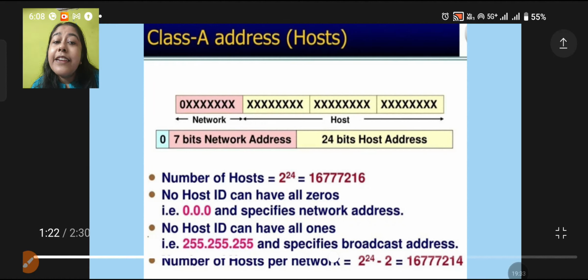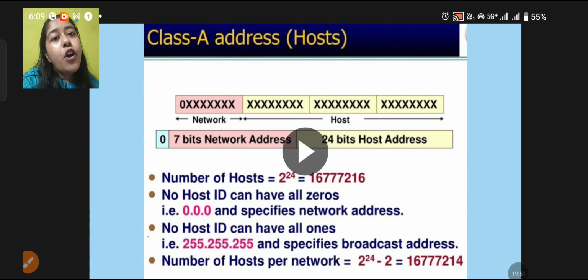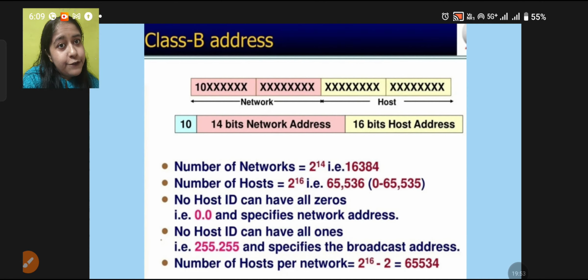No host ID can have all ones, that is 255.255.255, as that specifies the broadcast address. The number of hosts per network is 2 to the power 24 minus 2, that is 16777214. That was for the network and this is for the host.